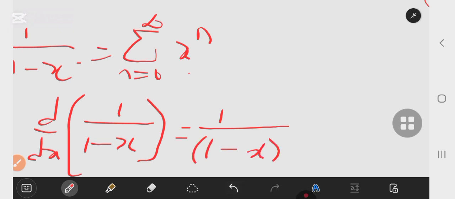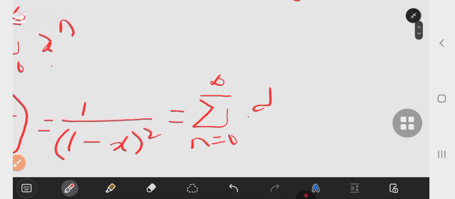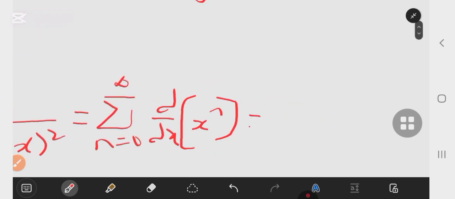Bringing it to the sum side, I have the sum to infinity of n from 0 of the derivative of x to the power of n, which is n multiplying x to the power of n minus 1.